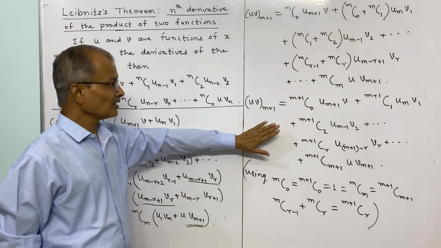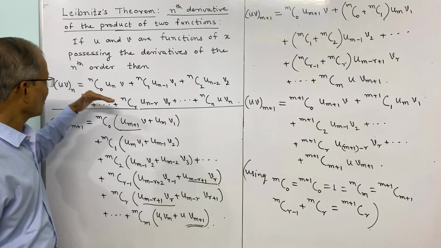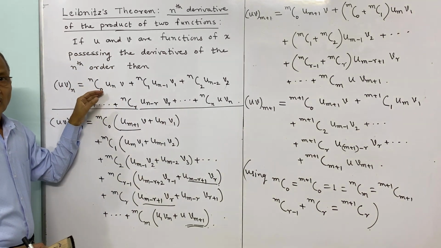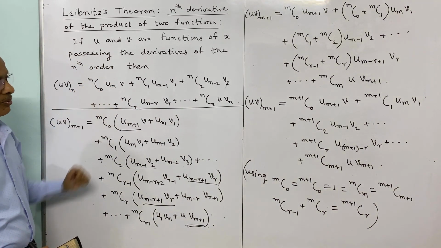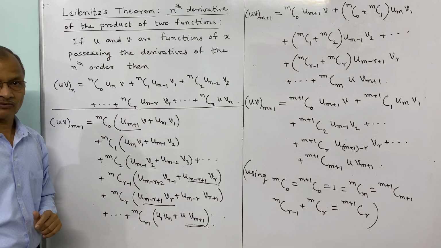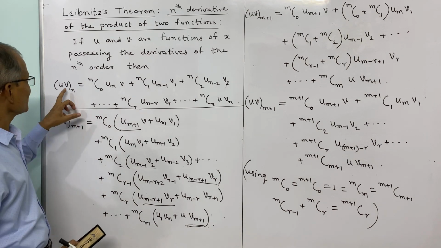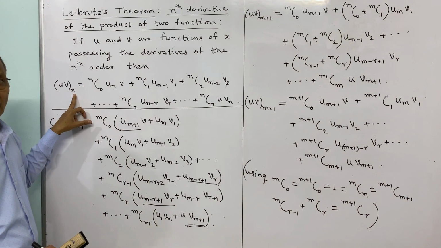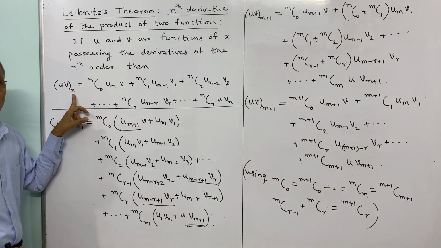Now you should observe this result and the original theorem. Whether the theorem is true for n equal to m plus 1, that we have to verify. Replace n by m plus 1 and check whether we get the same terms.